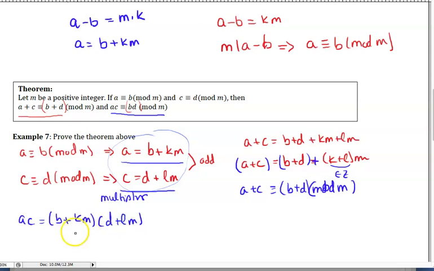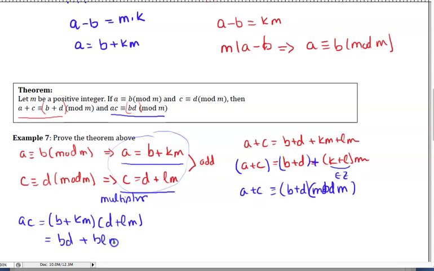I'm going to expand this out. So it's bd plus blm plus dkm plus klm squared.